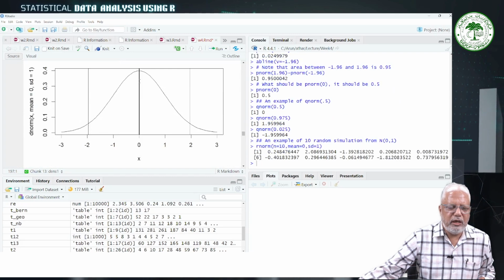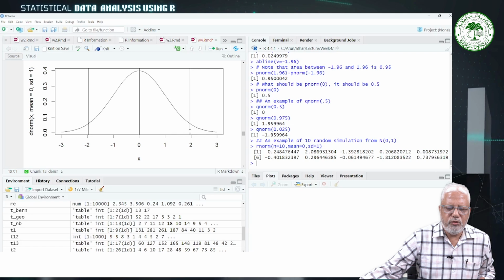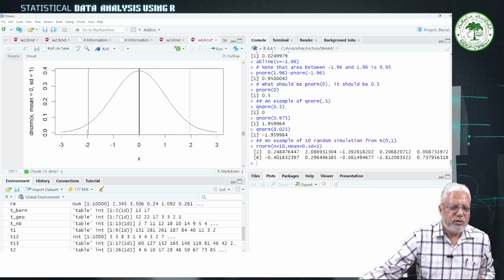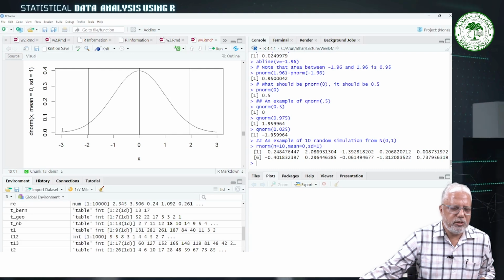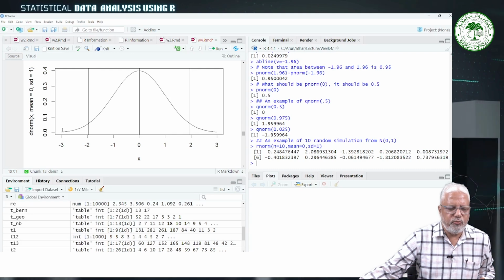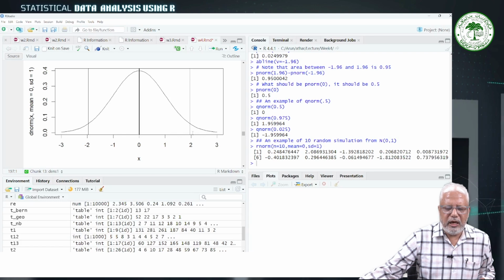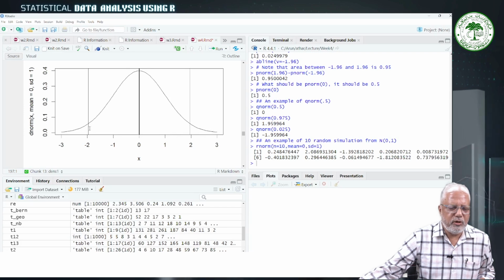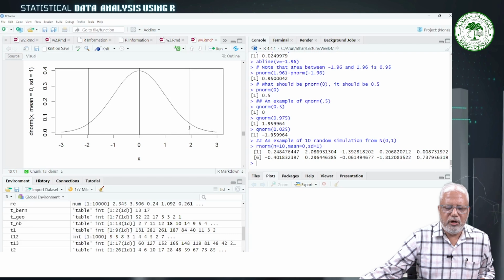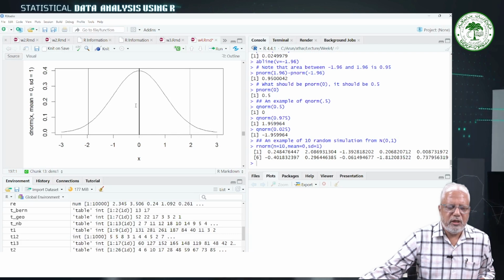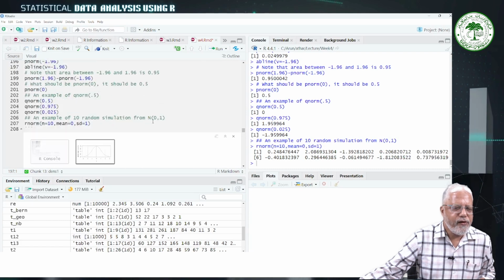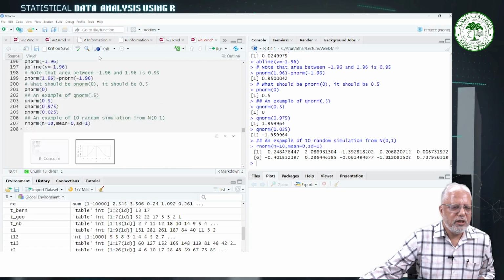So the area under the curve below 1.96 is 97.5%, below minus 1.96 it is 0.025, and the area above 1.96 is 0.025. So the area between minus 1.96 and plus 1.96 is 0.95, and this we can compute.